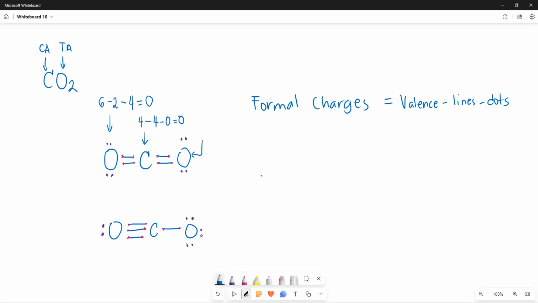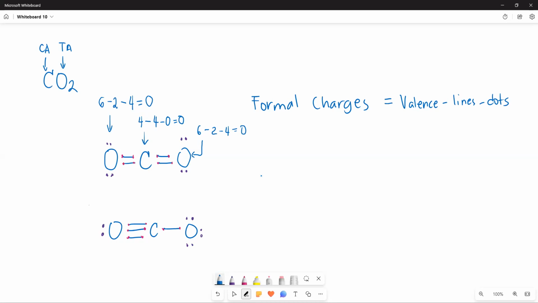This oxygen atom is in group 6, so 6 valence electrons, minus 2 lines, minus how many dots? 4 dots. Paano naging 4 yun, sir? These are lone electrons, lone pair, pero you count them individually, okay? So 6 minus 2 minus 4 is 0. So for this molecule, each atom does not have a formal charge, okay? So just save it up for later.